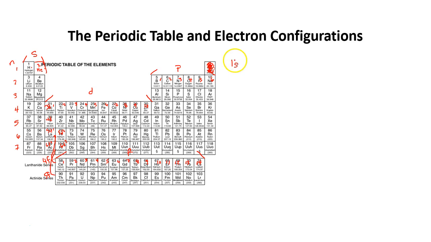All right, so I'll write a superscript of 2, so it's 1s2. This is the electron configuration for helium. So this corresponds to the energy level. This, of course, is your atomic orbital, and the superscript is the number of electrons that are in that particular atomic orbital.